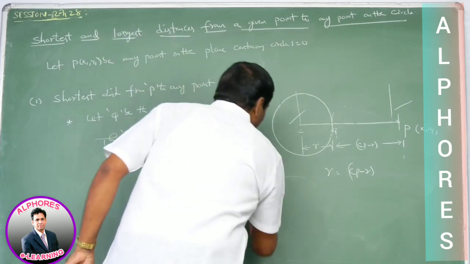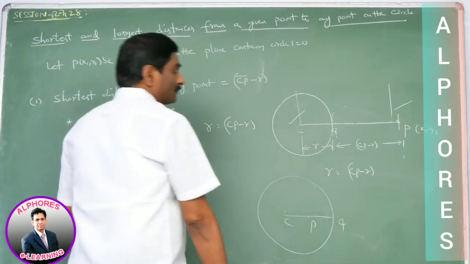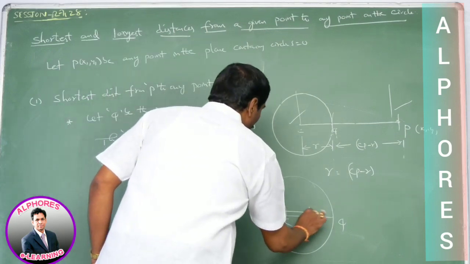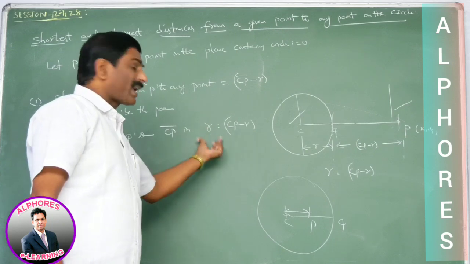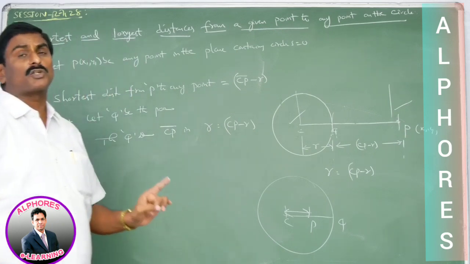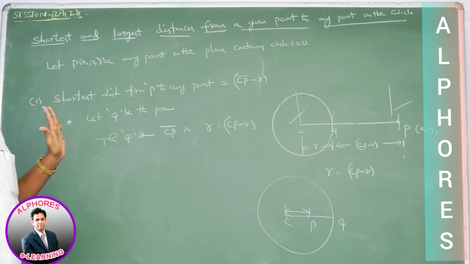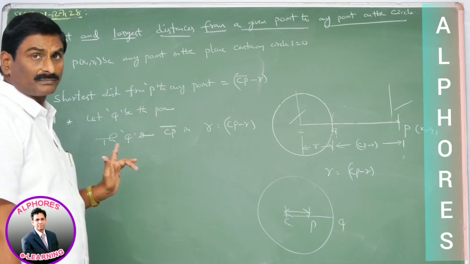Suppose the point P lies inside, then Q divides the line segment CP externally, that means CP minus R is negative. A negative ratio means externally. In both cases the ratio is R to CP minus R.